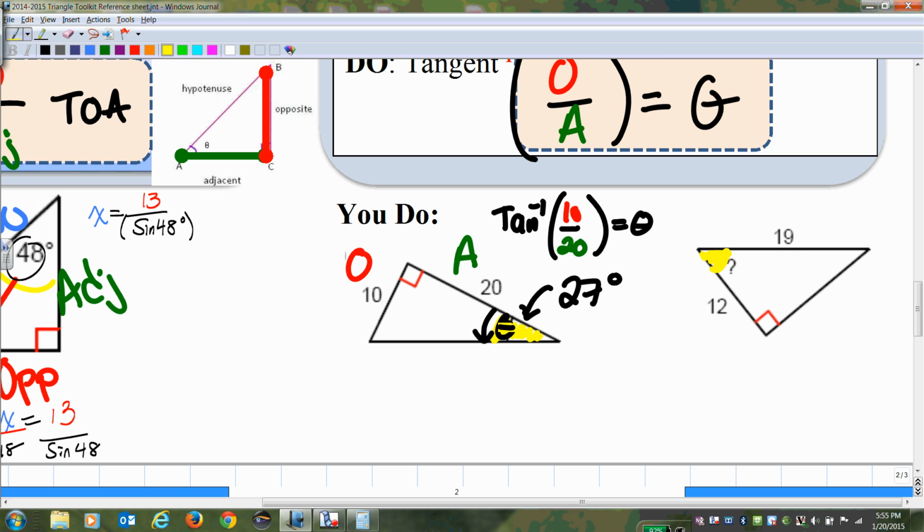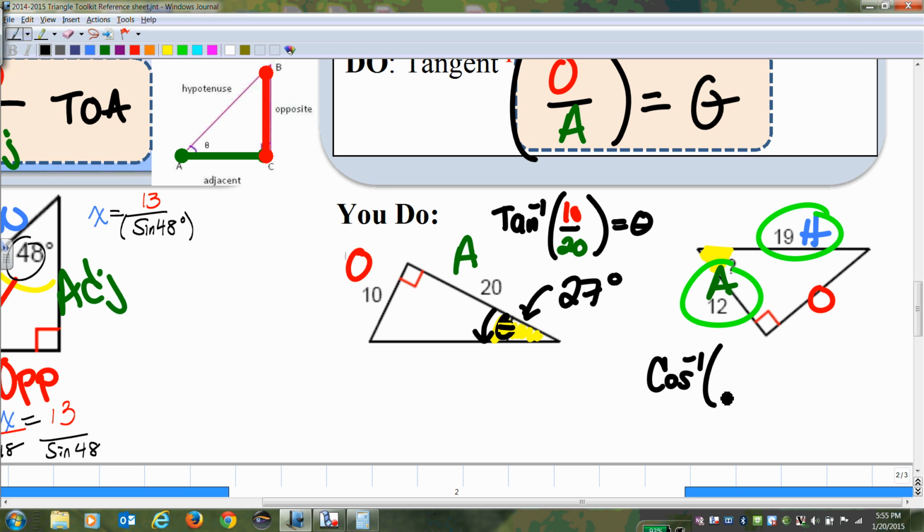If I want to do this theta, I see what I have. That's the opposite, that's adjacent, that's hypotenuse. Look at what you're working with. We're working with adjacent and hypotenuse, that's inverse cosine or arc cosine. So we do inverse cosine, adjacent 12 over hypotenuse 19, gives us our angle theta.